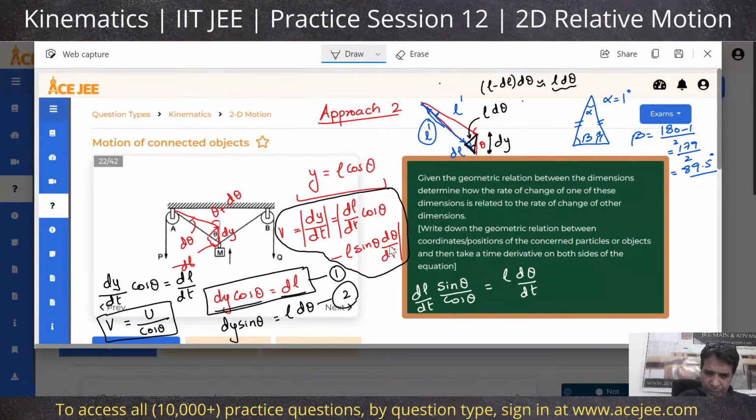Okay. So let's put it back into this equation. What do we get? We get v is equal to dl by dt. Let's keep it like that. So dl by dt is how much? dl by dt is u, right? So we have u cos theta minus L sine theta, or rather L d theta by dt, is u sine theta by cosine theta.